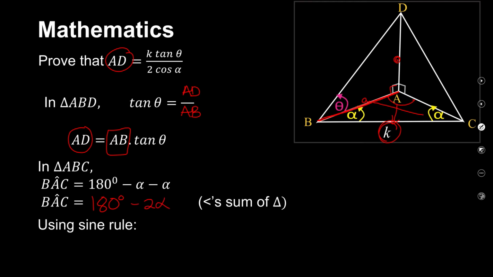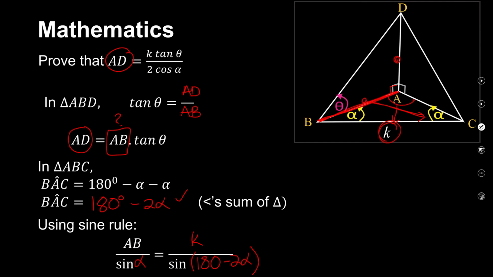Now we're going to use the sine rule, because we're looking for AB. So we start off with AB, and the angle across it is alpha. So AB over sine of alpha must equal, because they've given us k, we're going to use k, and the angle across k is the one that we calculated earlier, 180 minus 2 alpha.